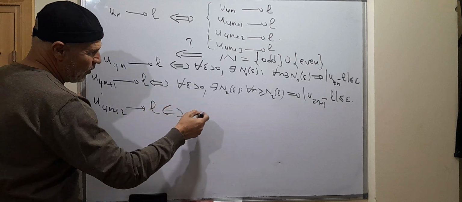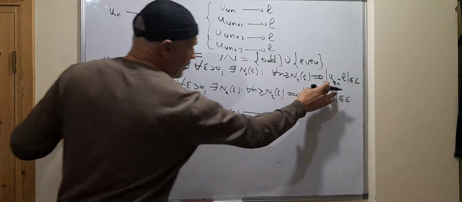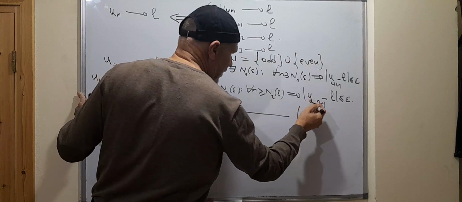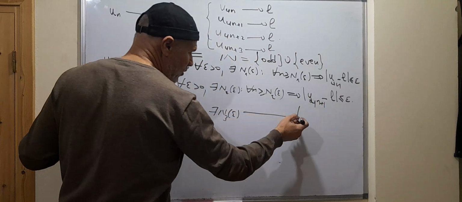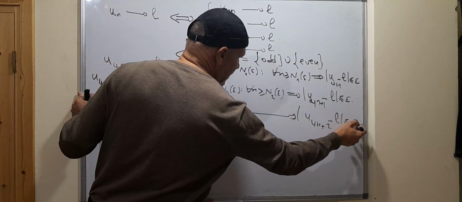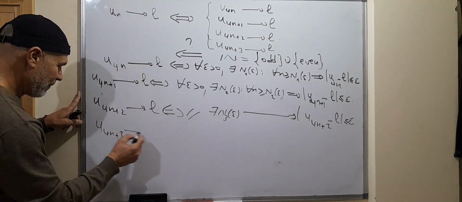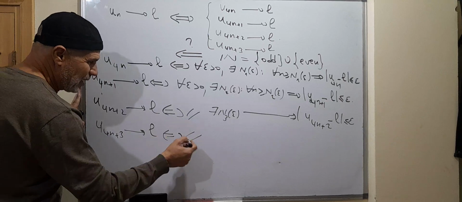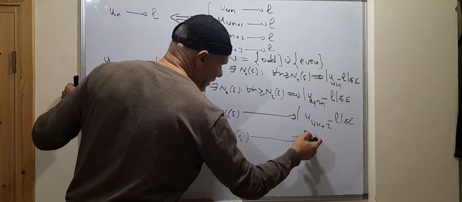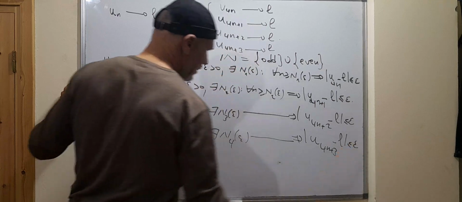So there exists n_3(epsilon) such that here we have u_{4n+2} minus ℓ less than or equal to epsilon, and u_{4n+3} converges to ℓ. This is equivalent. The same story here, and u_{4n+3} minus ℓ less than or equal to epsilon.